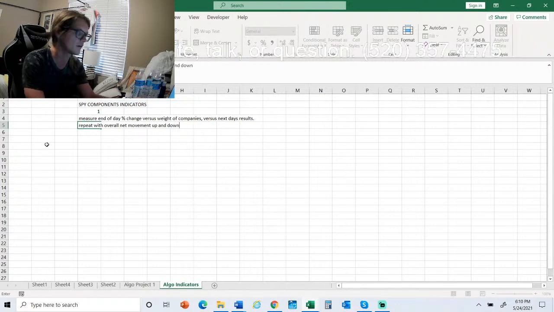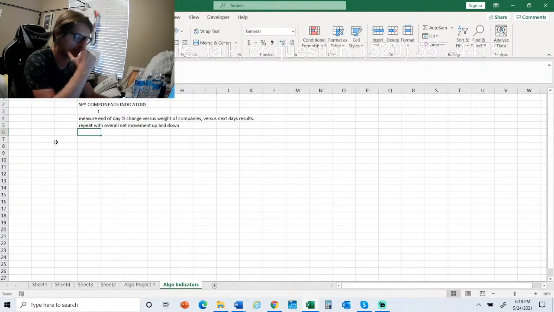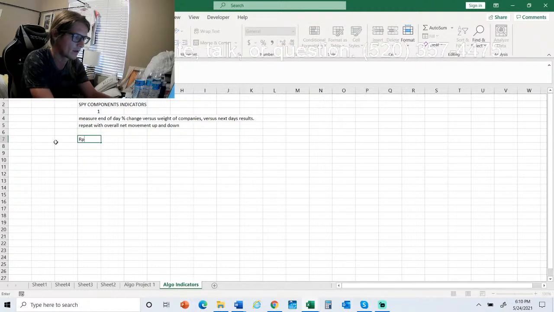I can't think of what it's called right now. Repeat overall up and down. Okay. Repeat steps by 1 second and build up to the 1 day. Teach the 1 seconds up to the 1 days.